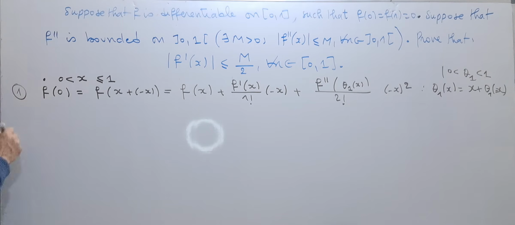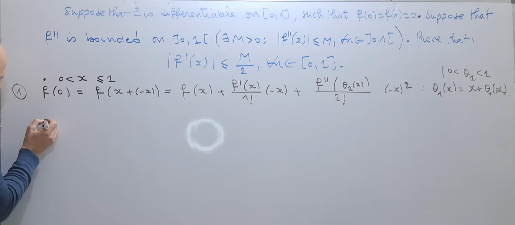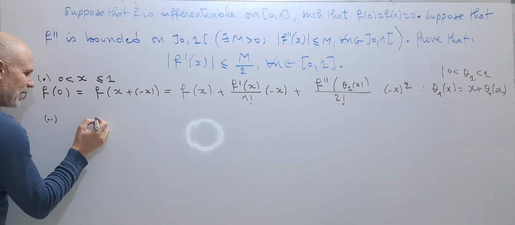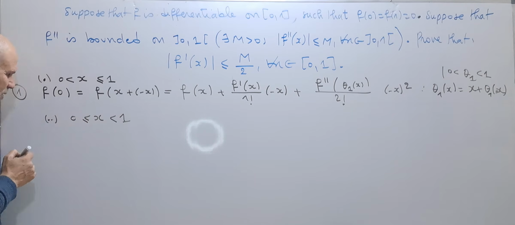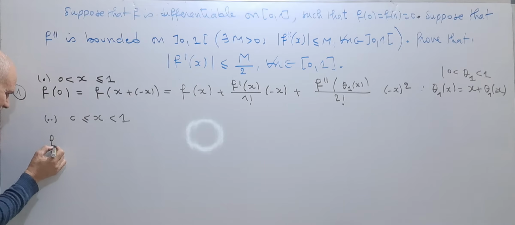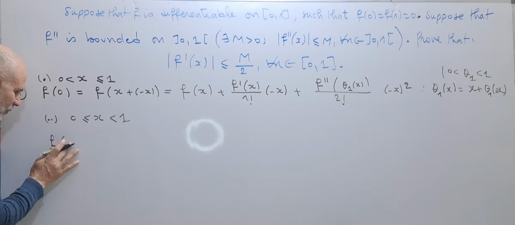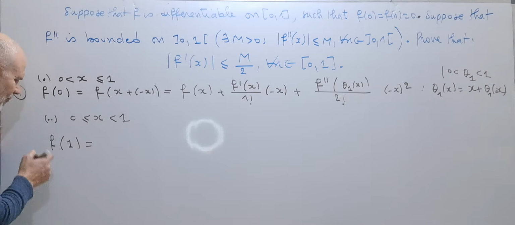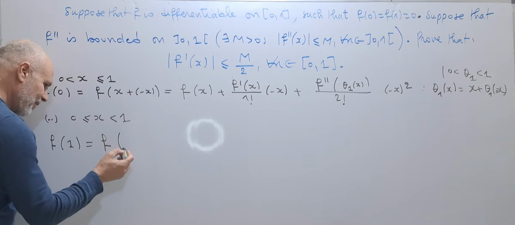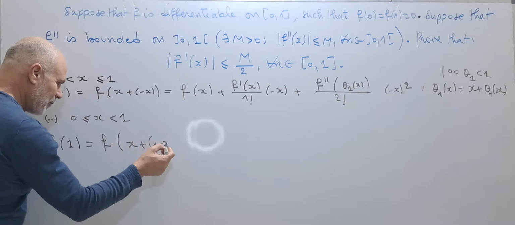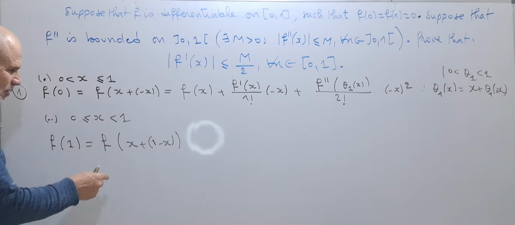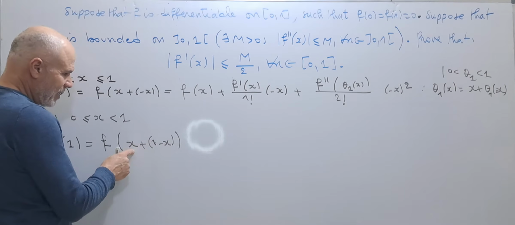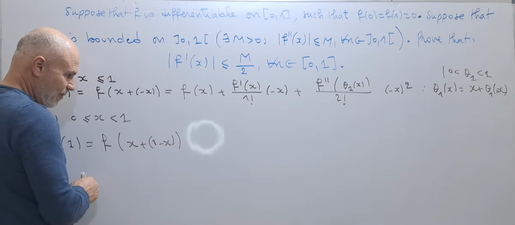This is the first formula. For the second formula, for the second idea, let x be strictly less than 1 and greater than or equal to 0. In this case, we can consider f of 1. F of 1 is equal to f of x plus 1 minus x, plus 1 minus x. Once again, we can consider this as x0 and 1 minus x as h.